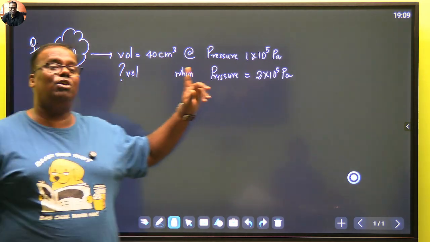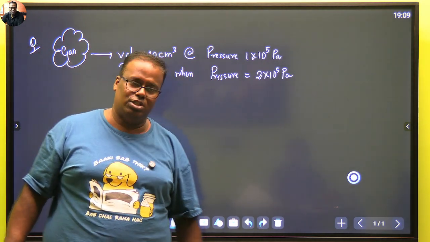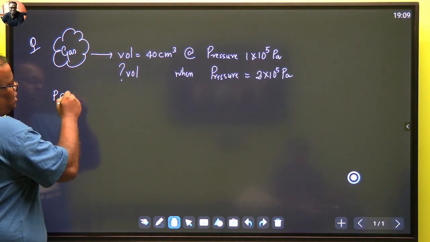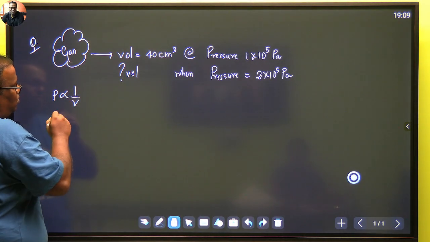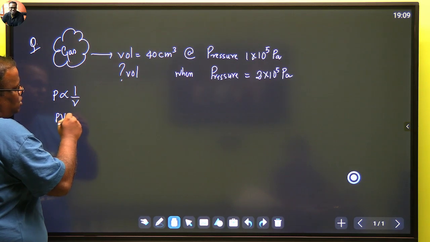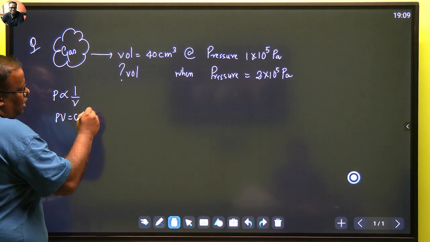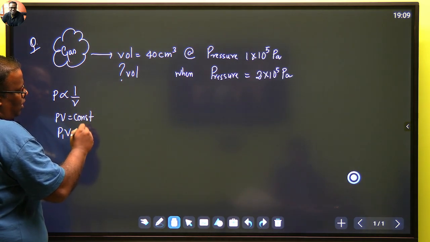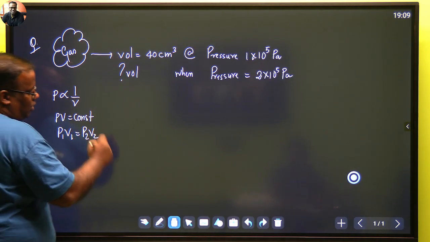And a pressure volume relationship is given by Boyle's law. So what is the relationship between pressure and volume? Pressure is always inversely proportional to volume, which means pressure volume is always equal to constant. That means in a problem we will get scenarios where P1 V1 should be equal to P2 V2.